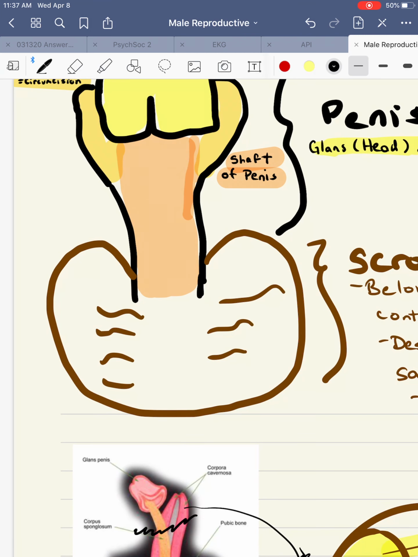At around the 9th month of development, your testes, if you're a male, will descend into the scrotal sac over here in brown.